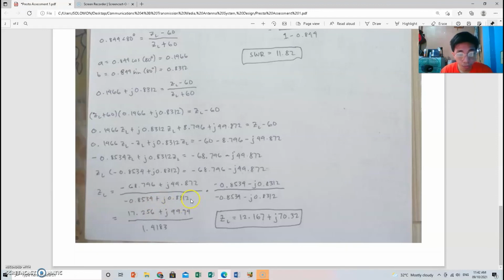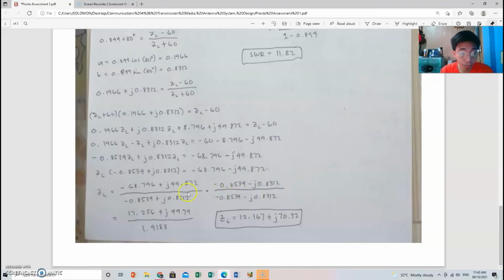So we use the conjugate. Multiply this by its conjugate. So the conjugate will be negative 0.8534 minus J 0.8312, over the same with the numerator. So this is equal to 1.